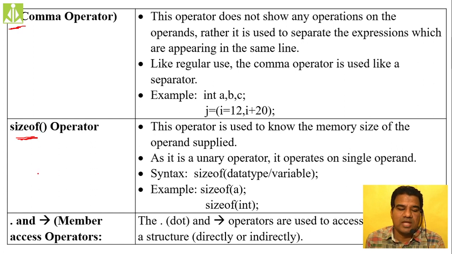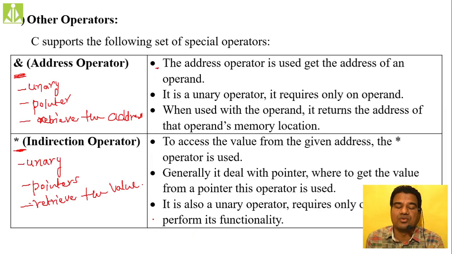Then the dot and arrow operators. We use the dot and arrow operators in structures. It is a concept of your fourth unit, structures. There you will understand. So all these operator categories you have to remember.